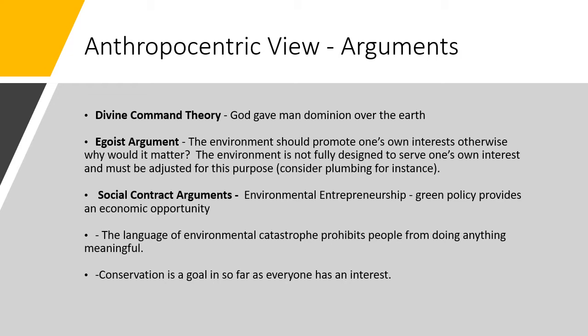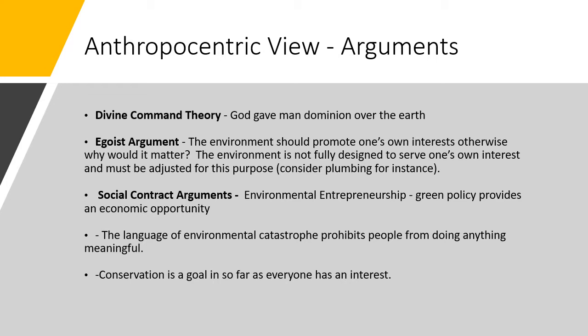One that's found quite often is the argument of divine command theory, where in Genesis, God gives man dominion over the earth, and people have traditionally interpreted that as meaning that human beings' interests are primary over any other kind of interest that exists.